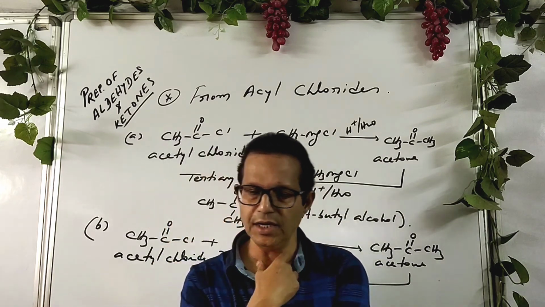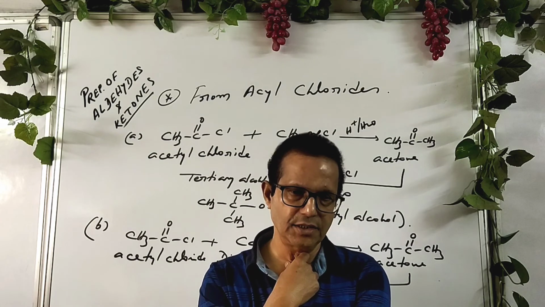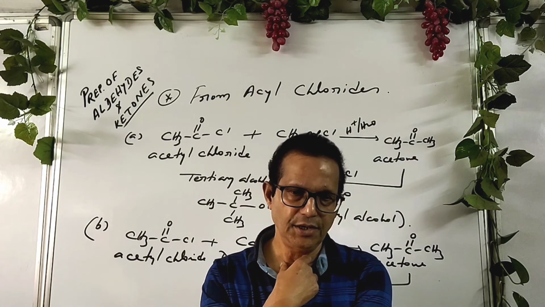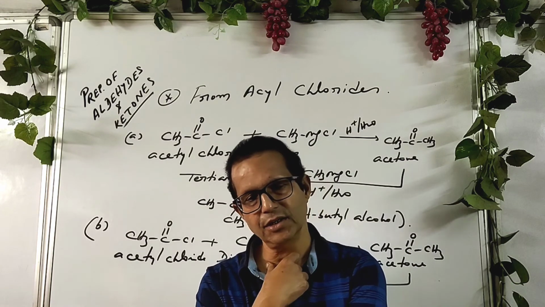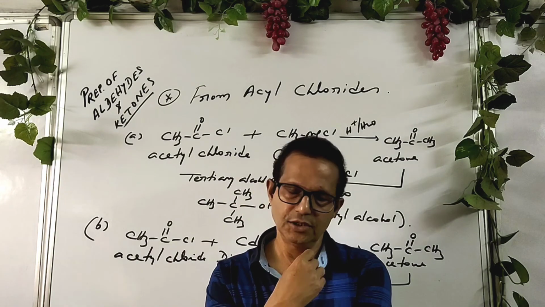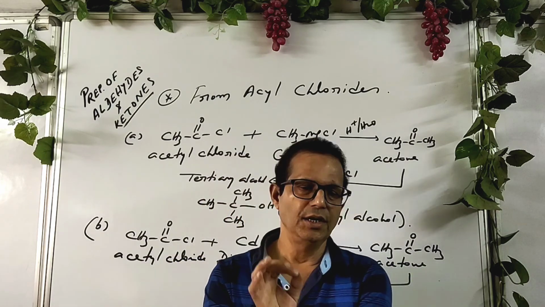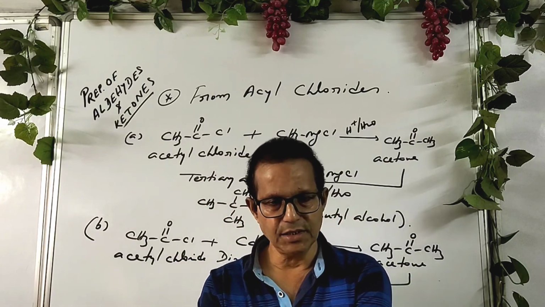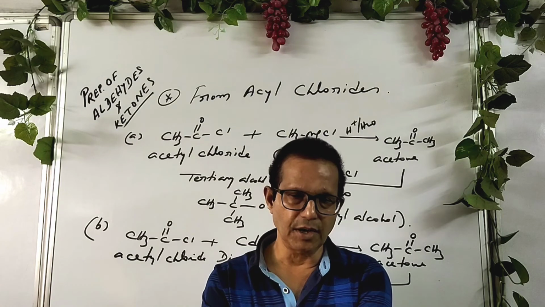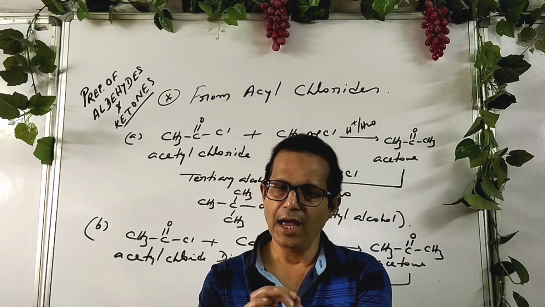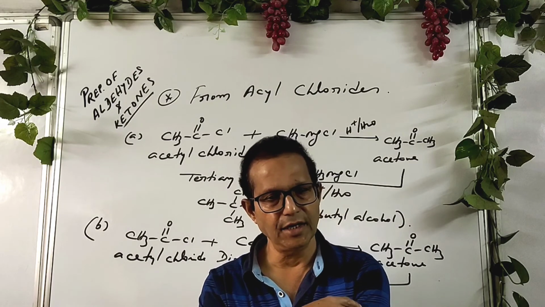One question is there in entrance. What is the use of aluminum trichloride during Friedel-Crafts reaction? Clear? So remember it, if you get this type of question in entrance, the answer is aluminum trichloride, being Lewis acid in nature, acts as halogen carrier.